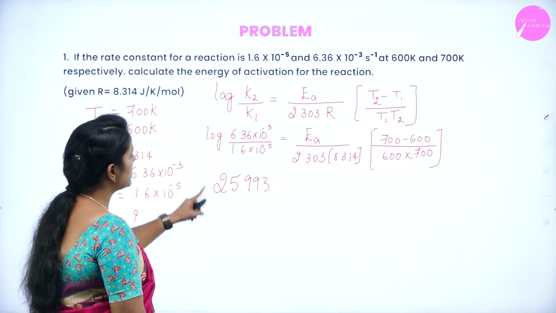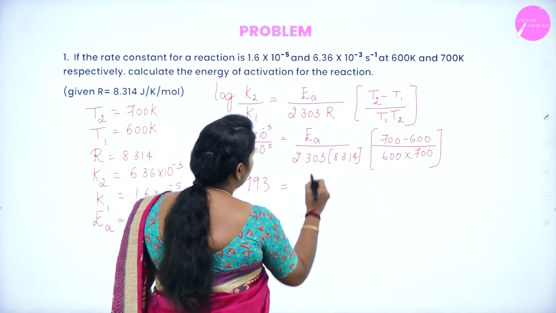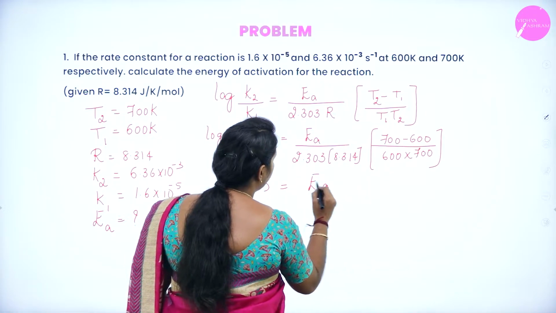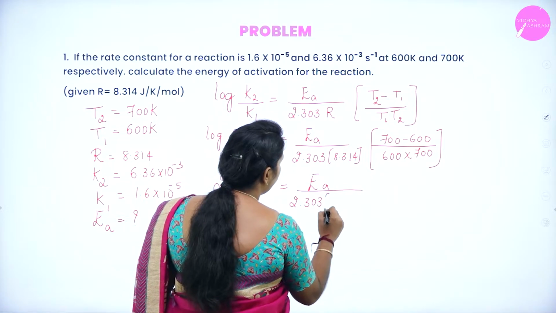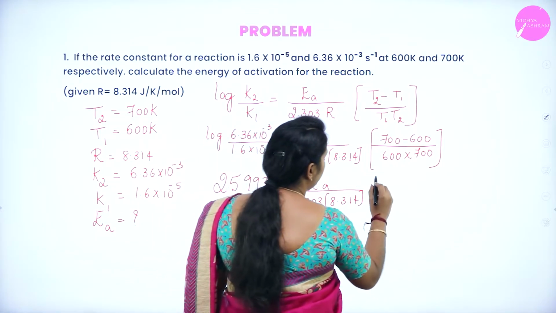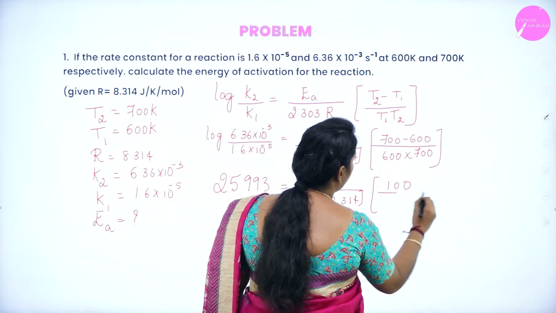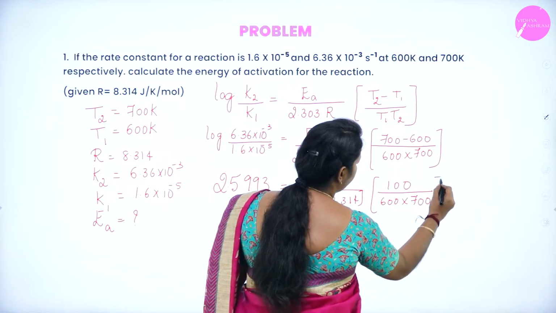This is the log of 3.9, and it is equal to Ea divided by 2.303 into 8.314 into 100 divided by 600 into 700.